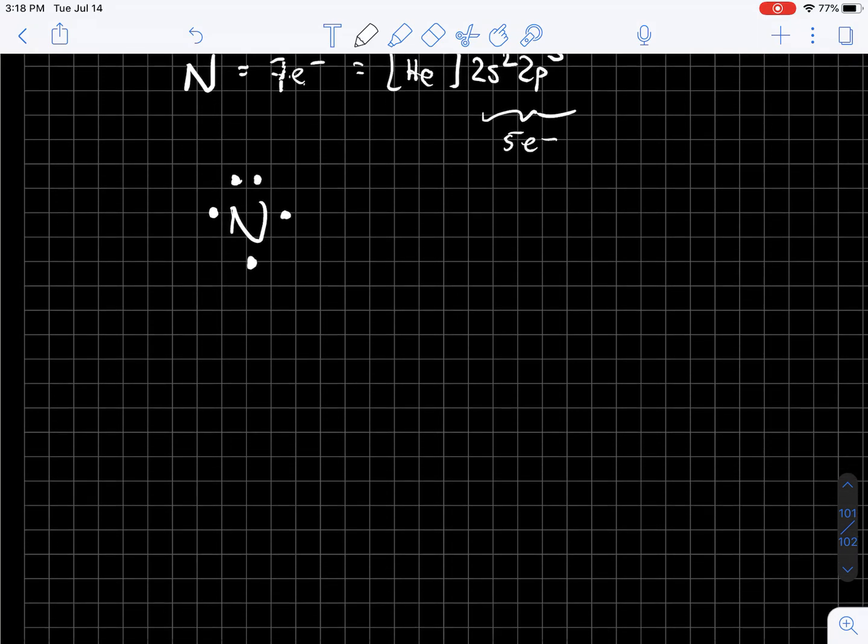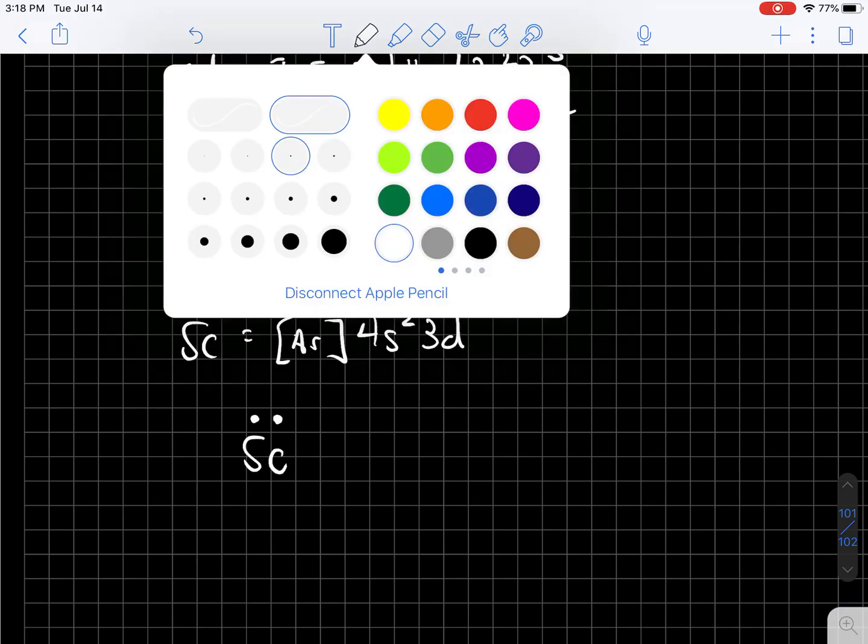And then the last example, scandium. And in scandium we said that that is an argon core, 4s2, 3d1. So scandium has an electron dot diagram that looks like that. Well, why? What happened to the 3rd electron?